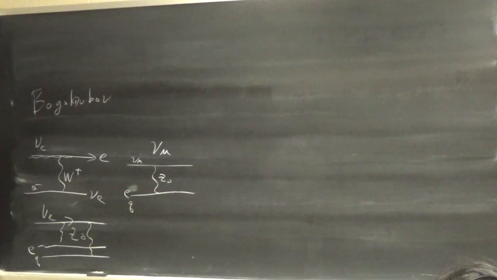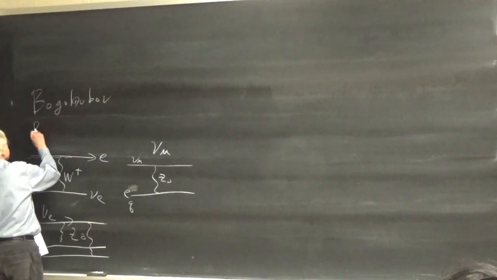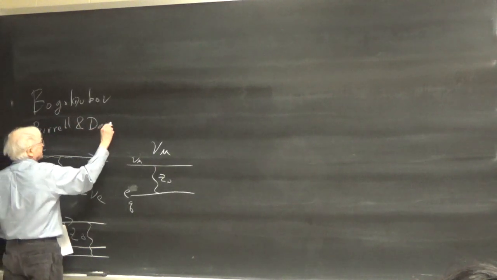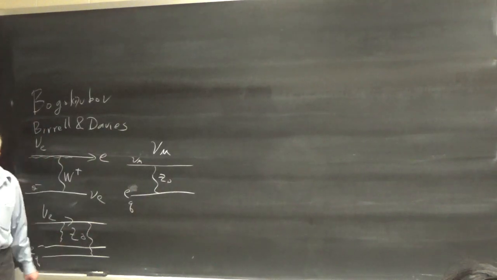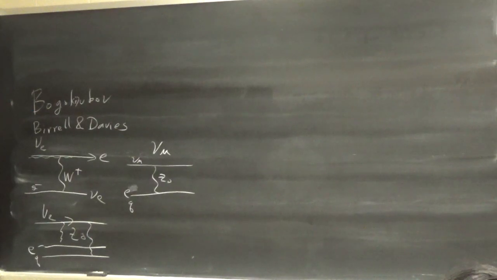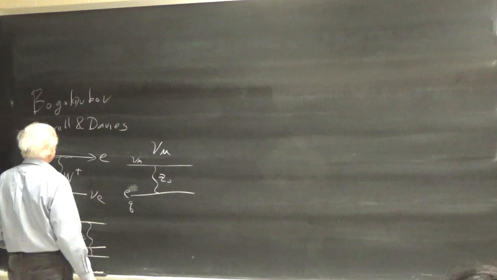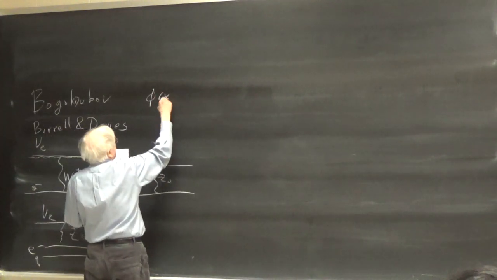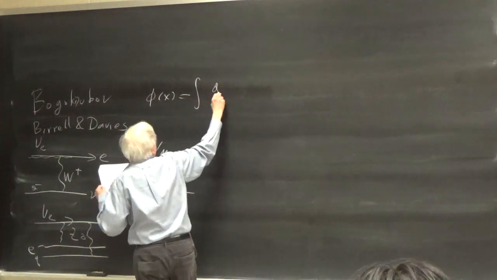There's a book by Birrell and Davies which I don't really recommend, but I don't know of a better book yet. So if any of you know of a better book on quantizing fields in curved spacetimes, let me know. Okay? In any event, let's just talk about scalar fields for simplicity.